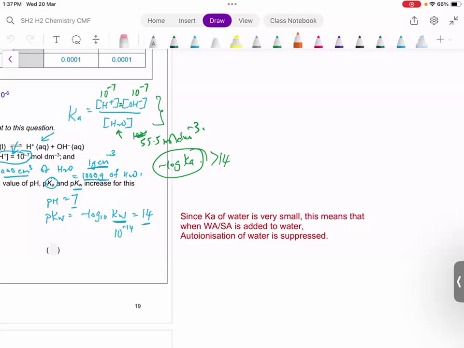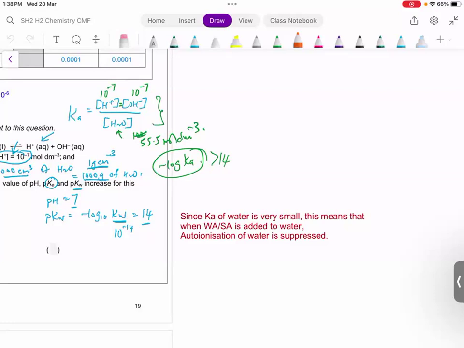Okay, so autoionization of water is always in the background. It's always there because what we are calculating here is always in aqueous medium. So Kw always applies at 25 degrees Celsius, 10⁻14. Okay, so you must not forget it.